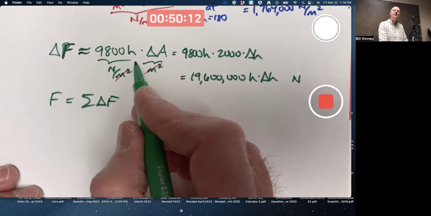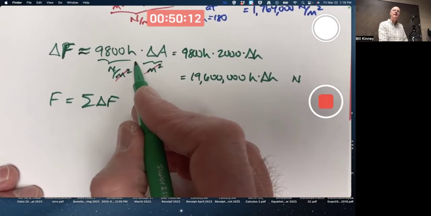I'll type it in as I wrote it without scientific notation. It's going to be a big integral. Integral from 0 to 180, 19.6 million times h dh.